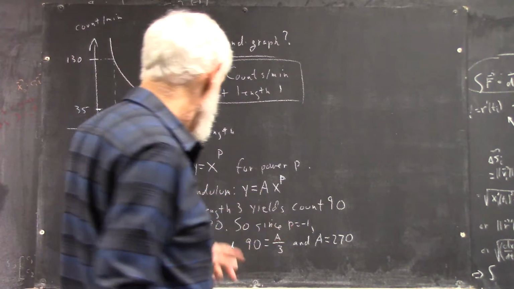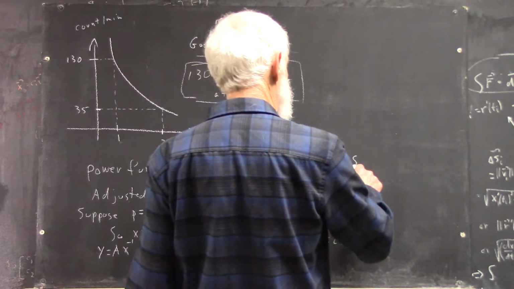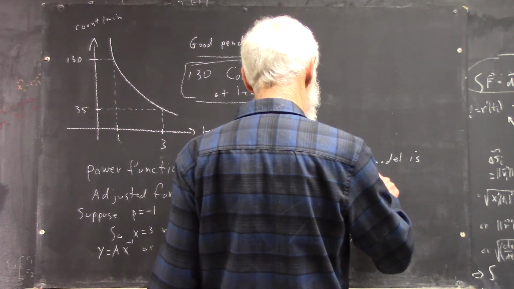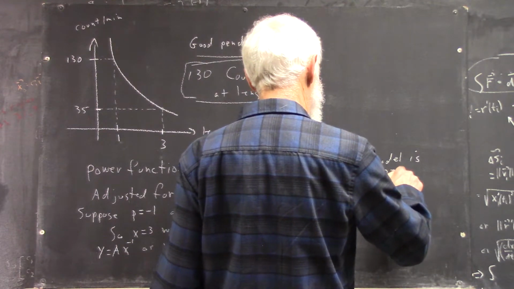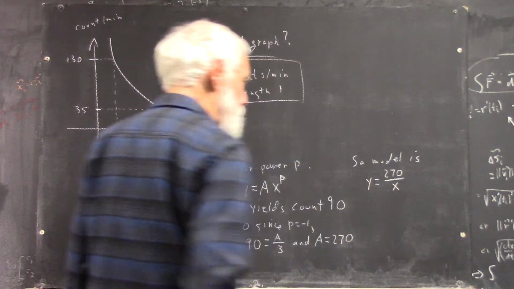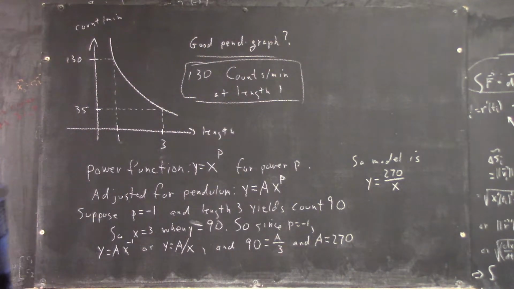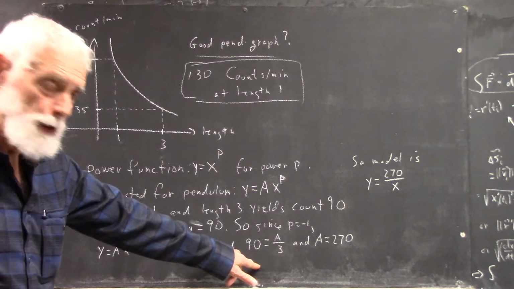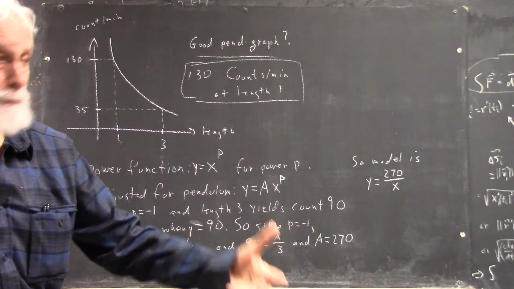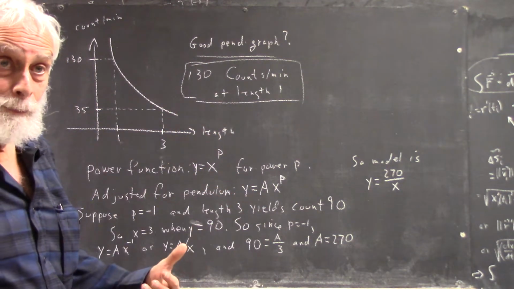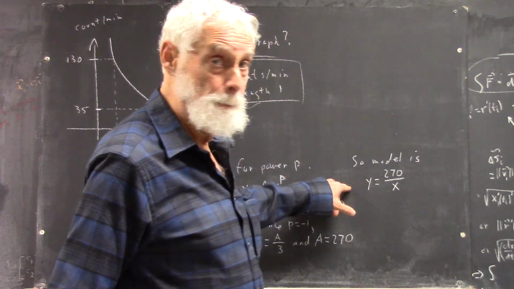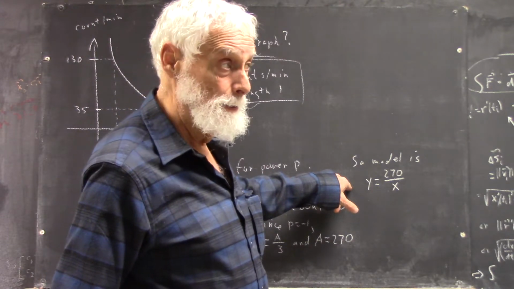Okay, then our model is y equals 270 over x, right? Since y equals a over x, we easily evaluate a from just one count for a known length, and we get our value of a. Now, it doesn't mean this is a good model. This is not going to be a good model for the pendulum.